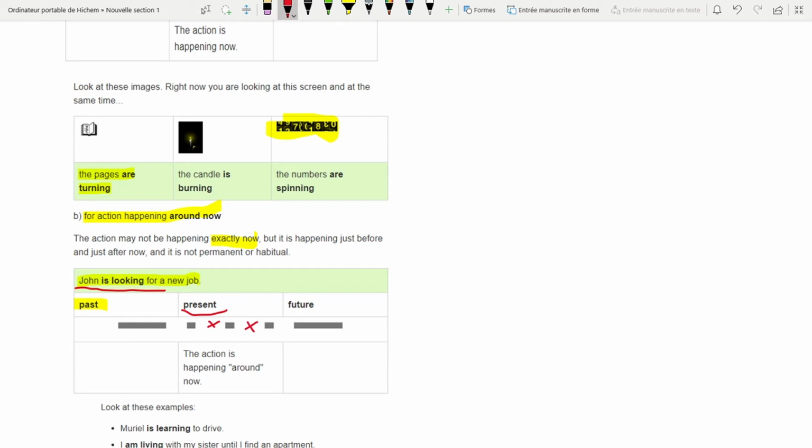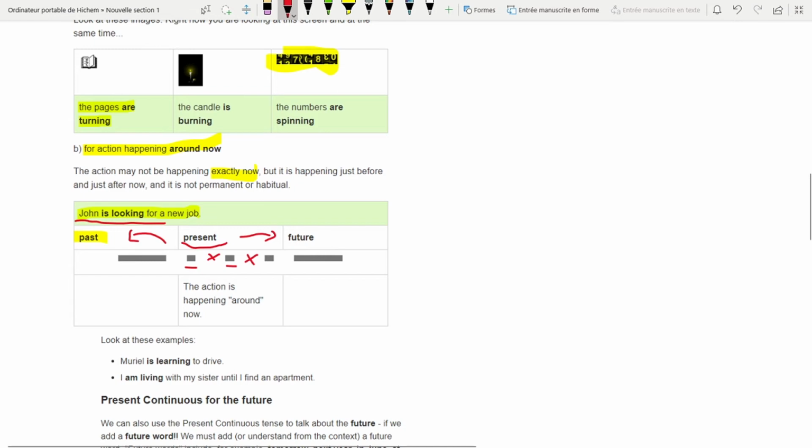So perhaps John might be looking for a new job at the moment we said the sentence, or he might not. But we are certain that John was looking for a new job before saying the sentence, which means in the past. And we are also certain that John will be looking for a new job after saying the sentence, which means the future. Okay, this is the exception.